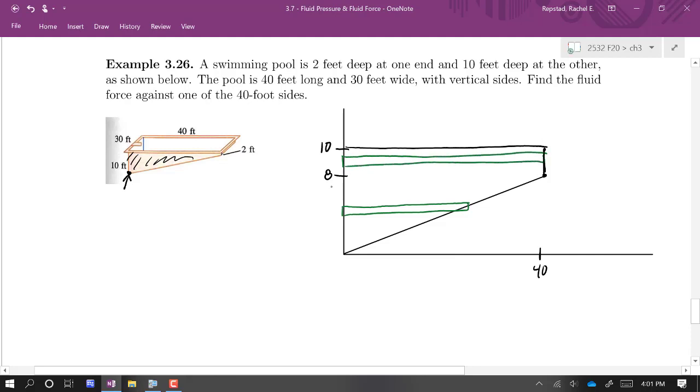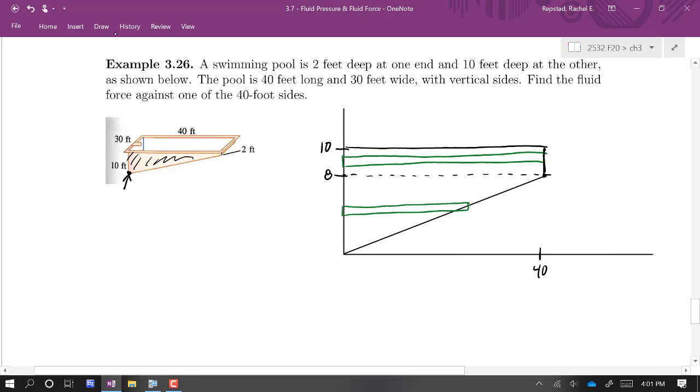I'm going to draw a dotted line dividing these two regions of the side of the pool. In the bottom region, that length is determined by the slanted line, that slope. In the top region, the length is constant at 40 feet. So we're going to have to attack this with two different integrals.